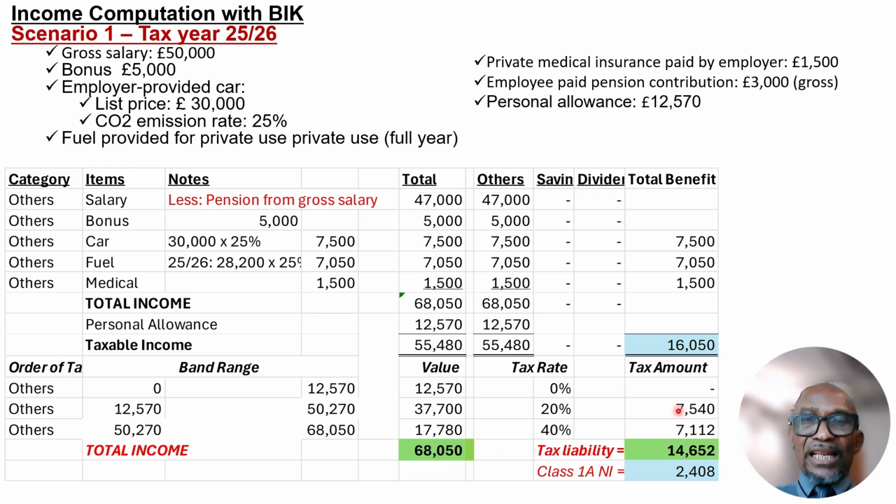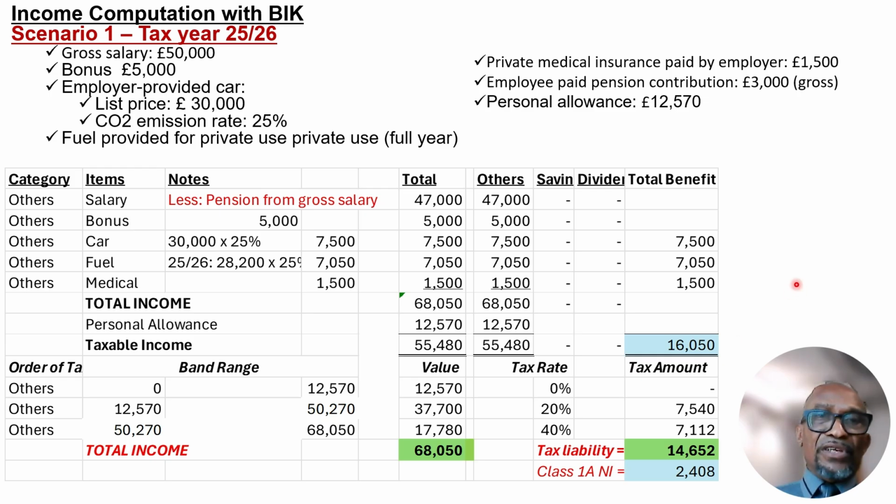Now the tax is these two, 7,540 plus 7,112, which is 14,652. That's the tax liability for the employee. The Class 1A NI is 2,408, which I earlier said to you is the 15% on the total taxable benefit, which is 16,050.